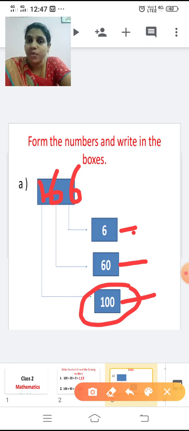How will you form the number? From the hundreds place, since it is a 3-digit number. So for 100, the face value is 1. For 60, the face value is 6. And for 6, the face value is 6. So the number formed is 166. Write it inside the box.